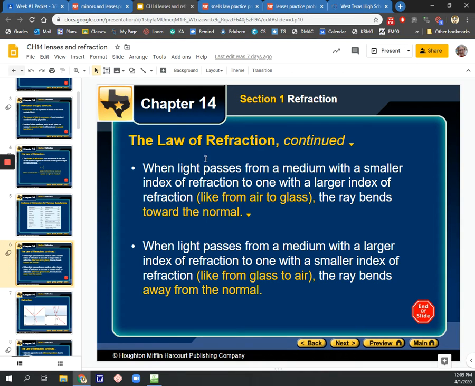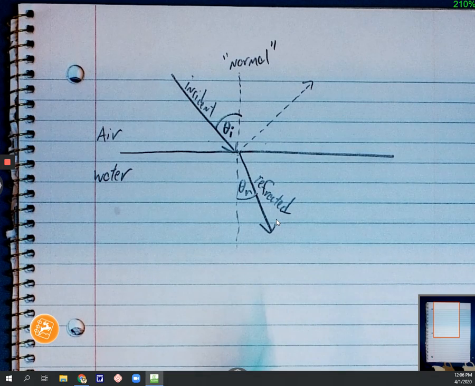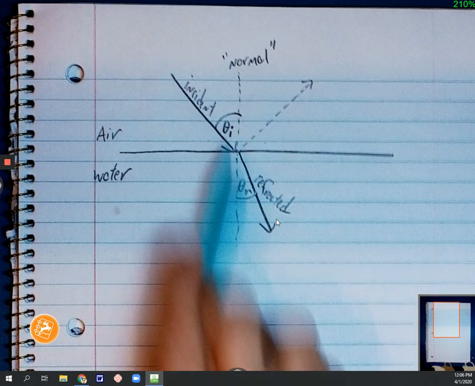When light passes into a medium that has a larger index of refraction, then the light ray bends toward the normal. In other words, the angle of refraction is going to be smaller than the angle of incidence.